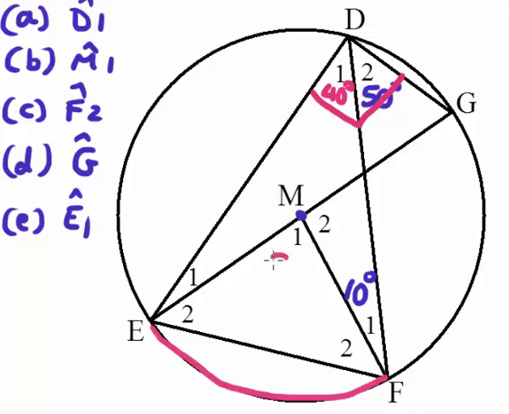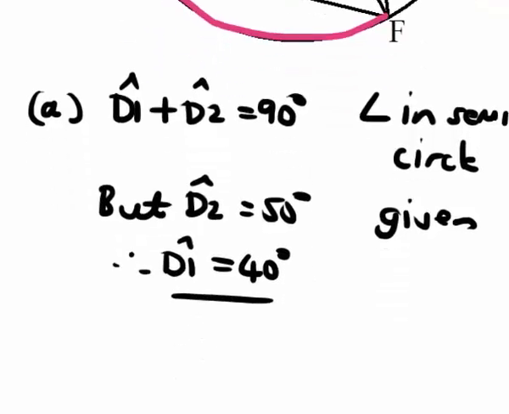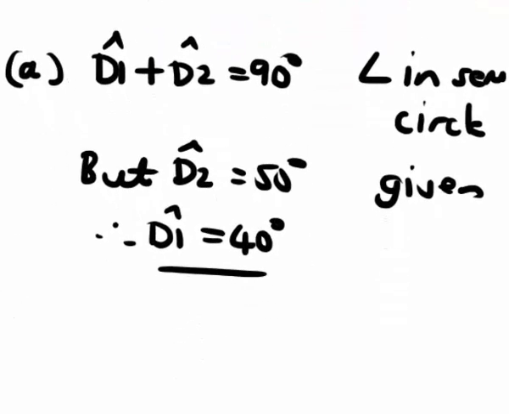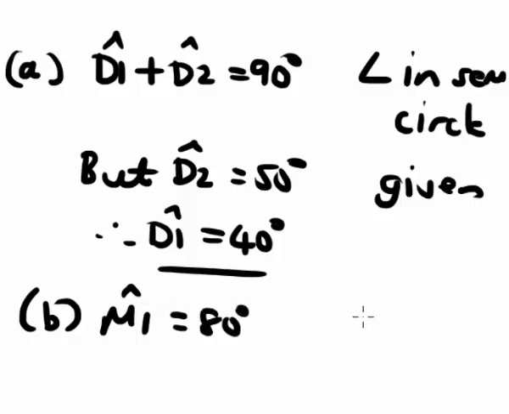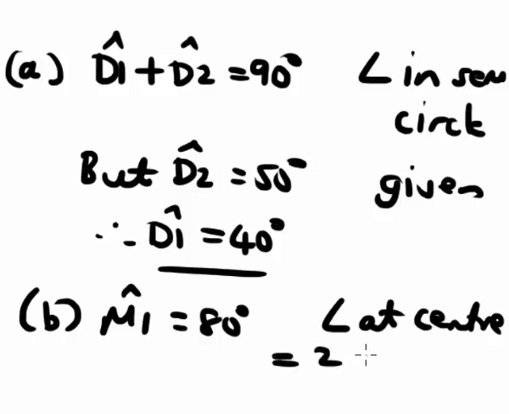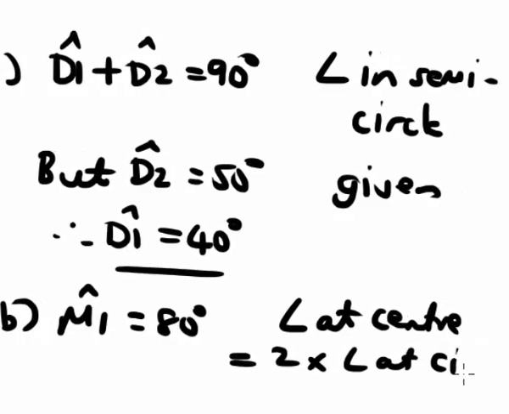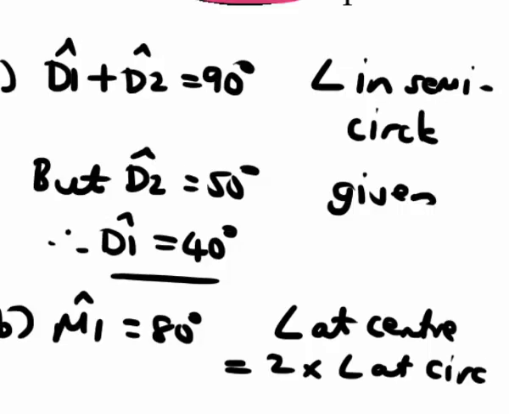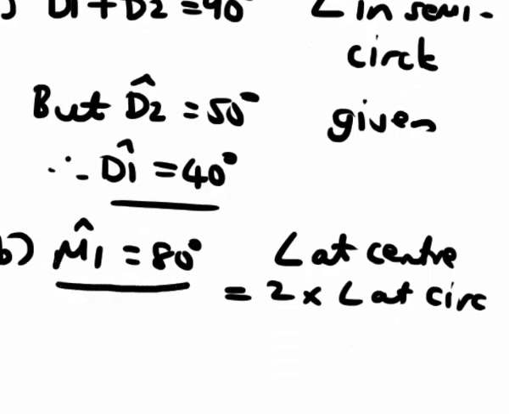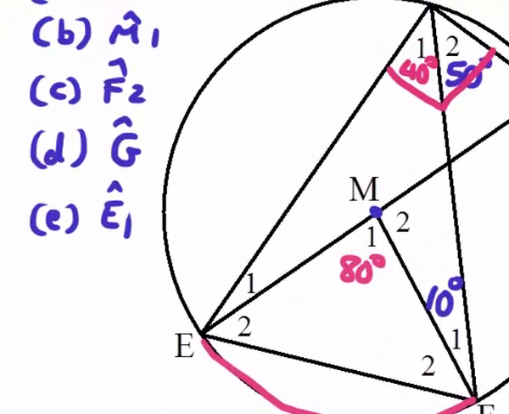We've got M1 being 80 degrees. It's double. So in number B, M1 is equal to 80 degrees. Angle at the center is equal to 2 times the angle at the circumference. So M1 is 80. Great. We've marked it off there.